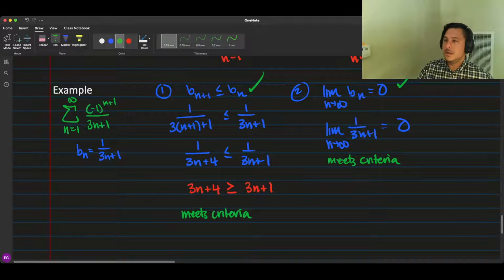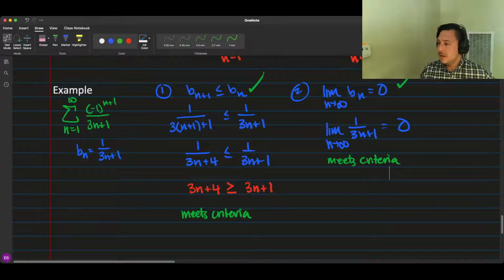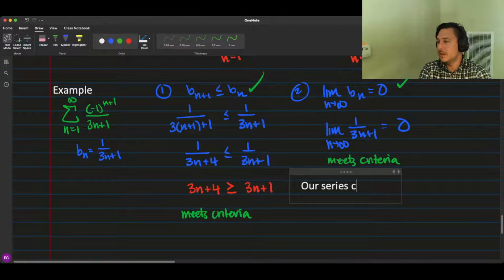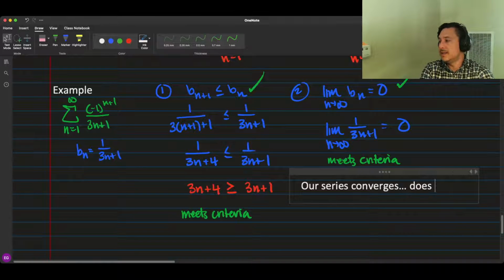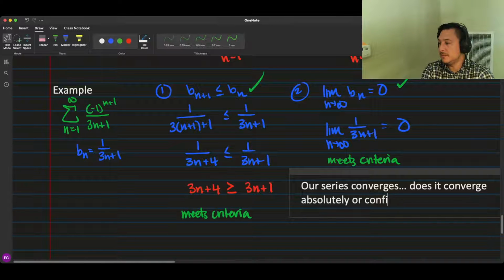So far we know that our series converges. Now it's a question of, does it converge absolutely or conditionally?